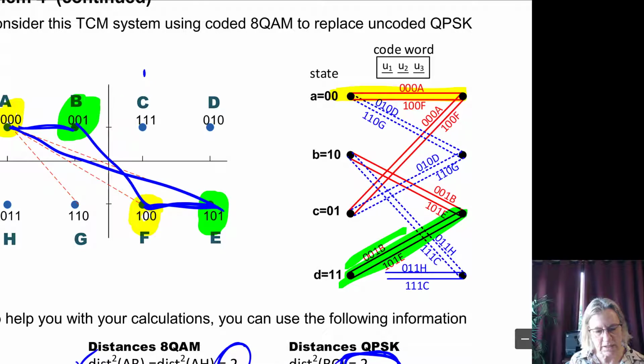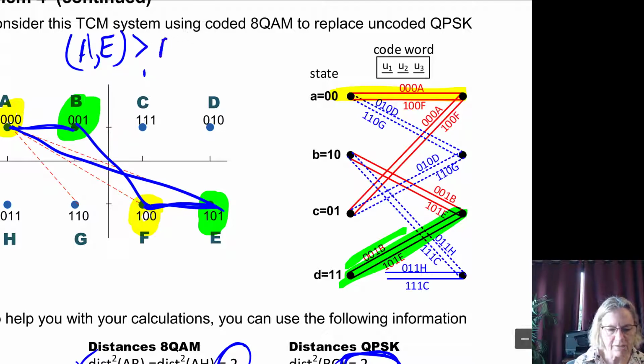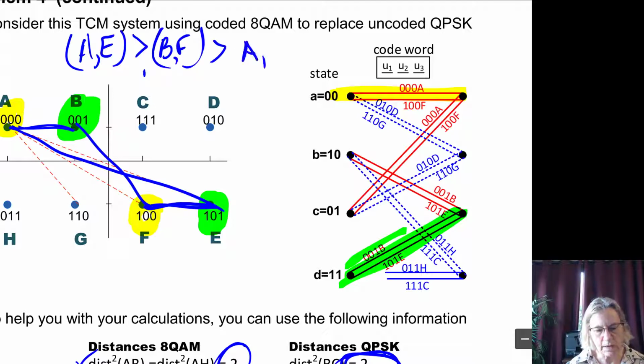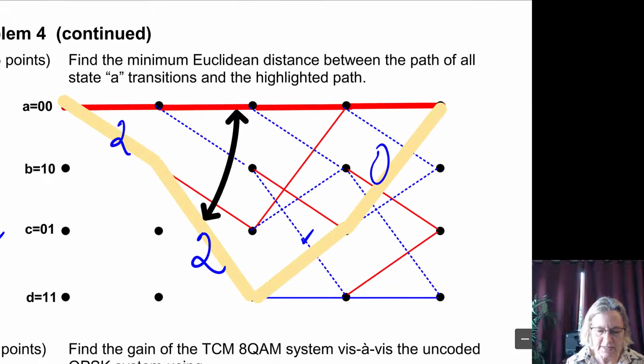So we've looked at this case previously. So it was the A to E case, which was greater than the B to F case, and the distance was greater than that between AB, but that was the same distance as between FE, which is this distance of 2. So we go back down and we put in a distance of 2. So now we've finished. We have all of our branch metrics.